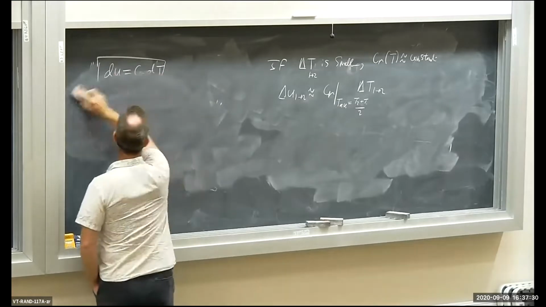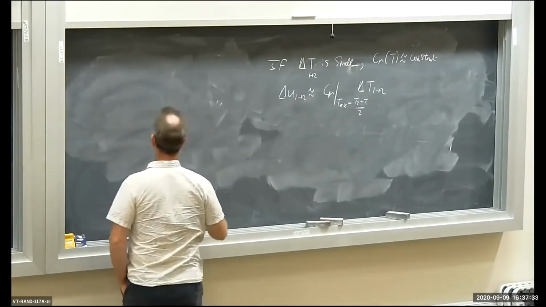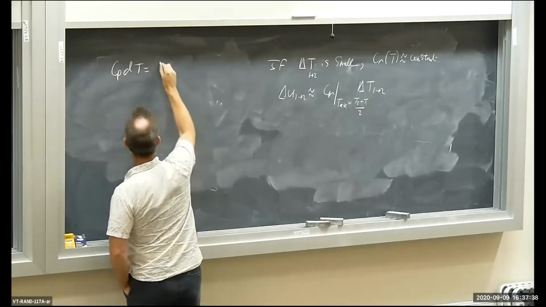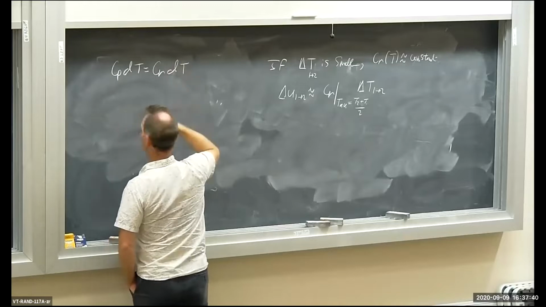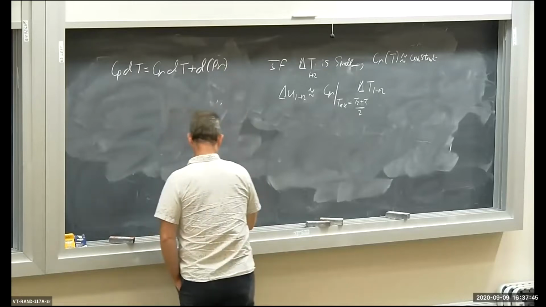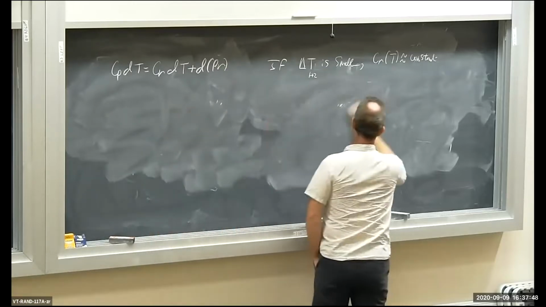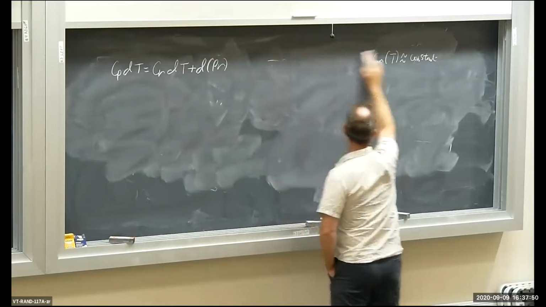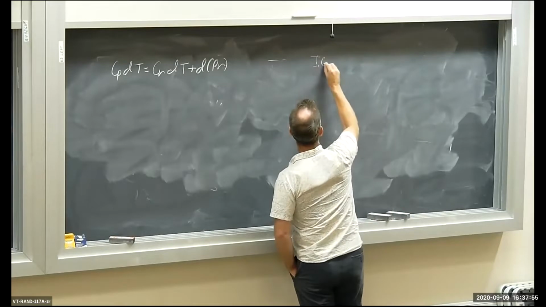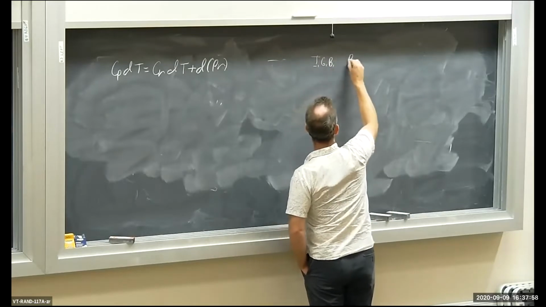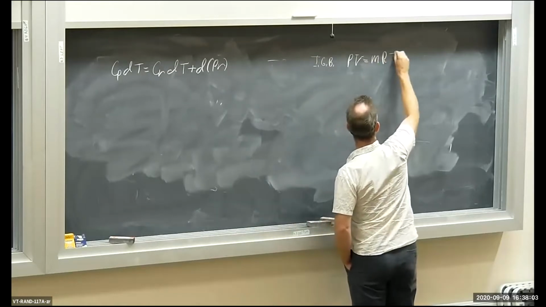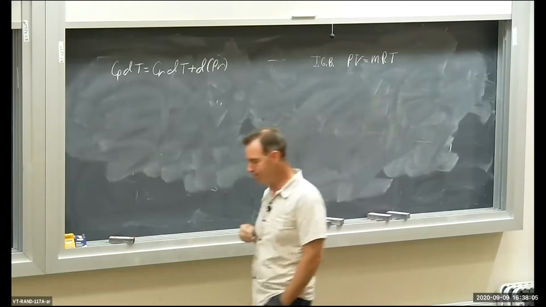So I got Cp dT, which is dH. Cp dT is equal to Cv dT, which is du. And then I have a d of pressure times specific volume. Now, what if we assume ideal gas behavior? What's pressure times specific volume? Let's write down the ideal gas equation. IGB, pressure times volume, is equal to mass times the gas constant times temperature. Okay?